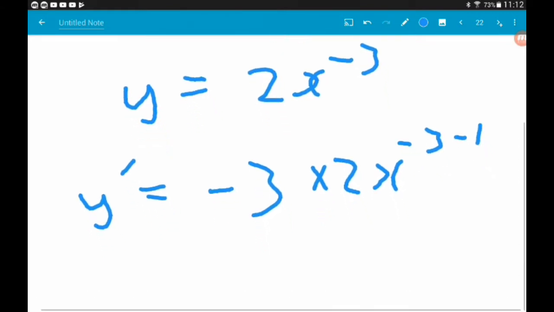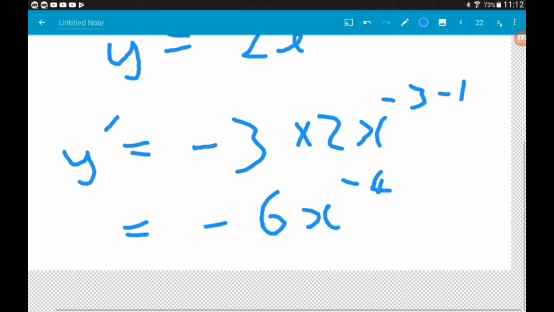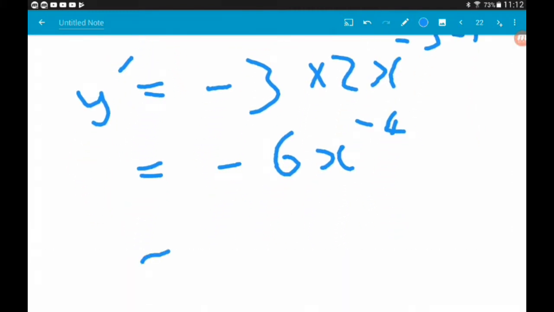So minus 3 times 2 is minus 6. And then we got minus 6x to the minus 4. So if we write that as a fraction, it's minus 6 over x to the power 4.